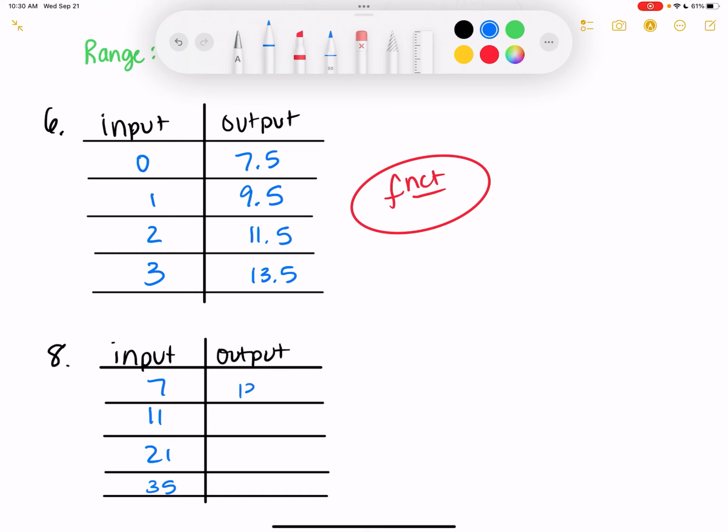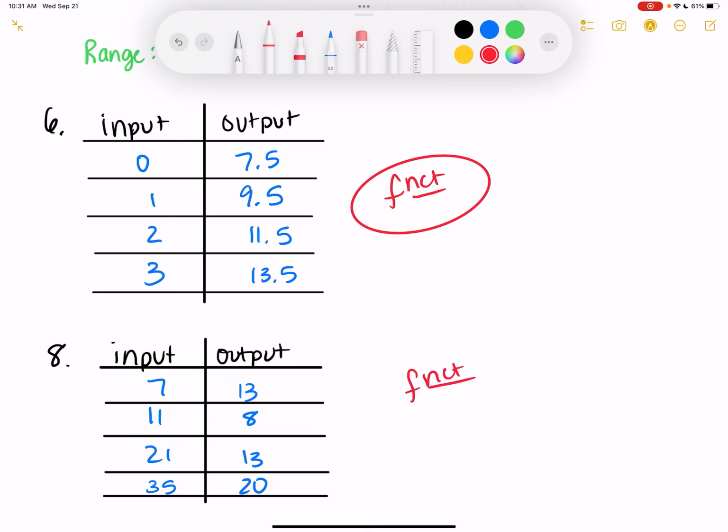And then we have 13, 8, 13, and 20. So would this one be a function? Even though in the output column 13 is used twice, there were no inputs that were repeated, so this one would still be a function.